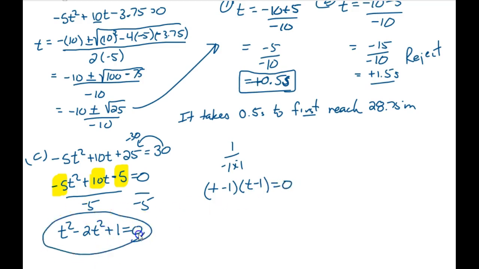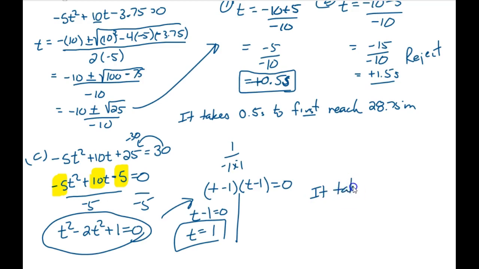You can break it down, and you only need to do one side. t minus 1 equals 0. t equals 1. So it takes 1 second to reach 30 meters.